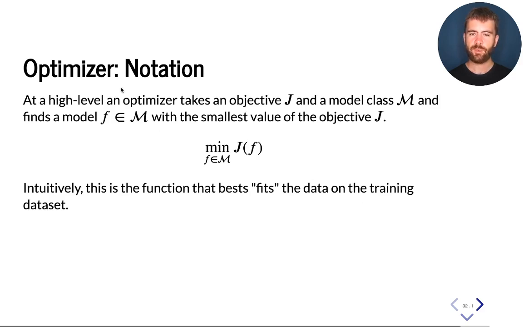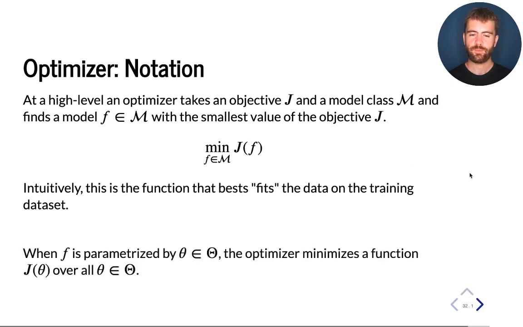So essentially, an optimizer is an algorithm that will solve the following problem. It will find the function f in our model class, which minimizes our objective value. And of course, this objective value is defined for a particular training set. This function will have the best fit on the data. And again, if the function f is parameterizable by theta, the optimizer will minimize J of theta over the set of all valid parameters.